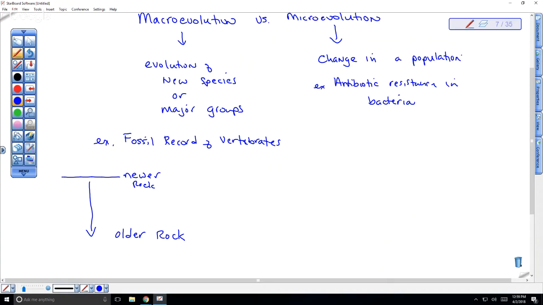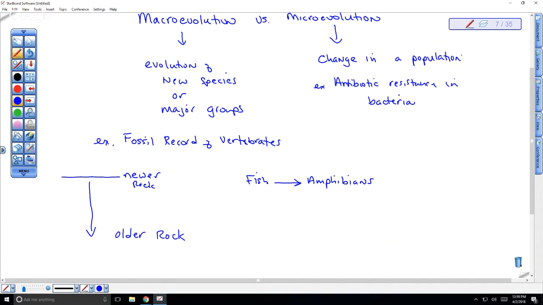So when we go back and we excavate down through rocks, sometimes we get to the point where there's only one type of vertebrate present. So in the oldest rocks, we see that there are only fish. Right? So fish came first in terms of vertebrates. These are organisms with backbones. Then we see amphibians in newer layers of rocks.